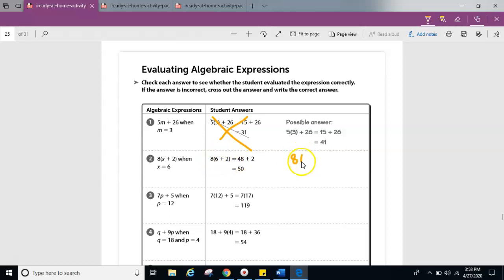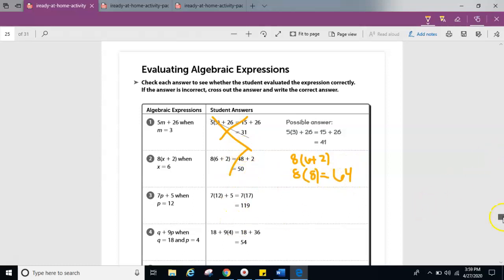So if we rewrite it ourselves and do it the correct way, we start with 6 plus 2, so 8 times 8, because 6 plus 2 equals 8, and 8 times 8 is actually 64, right? So they are wrong, so we will cross off their answer.